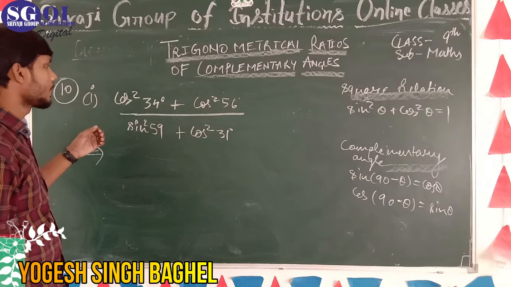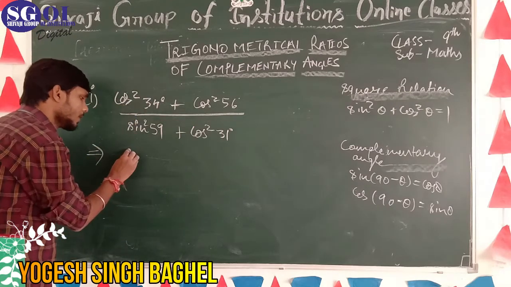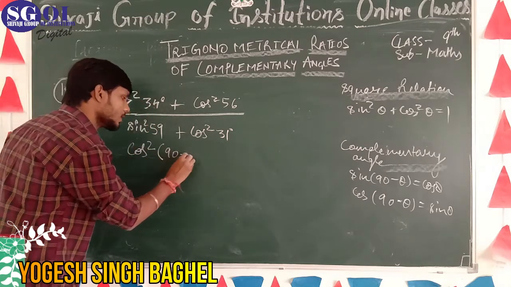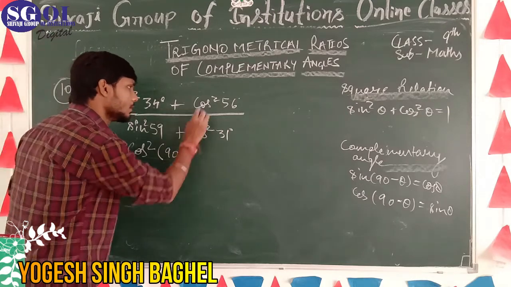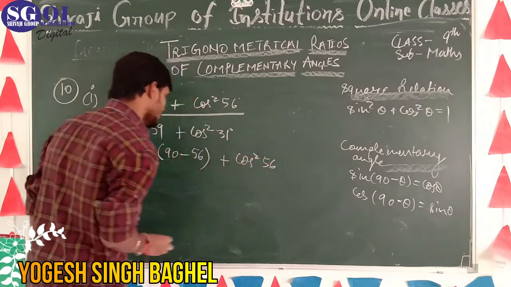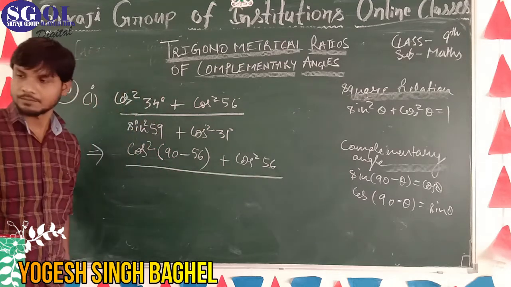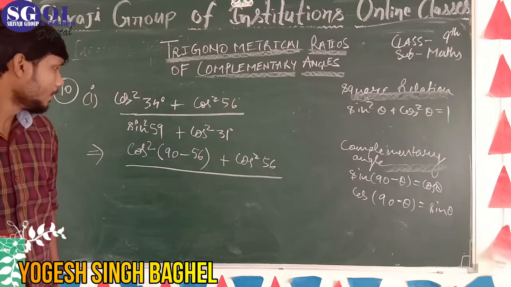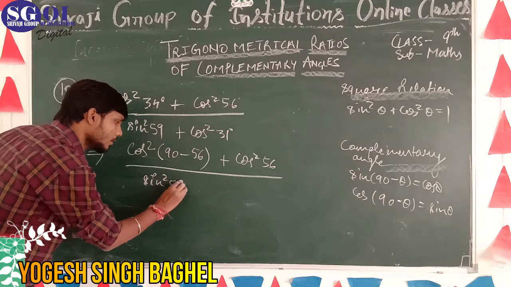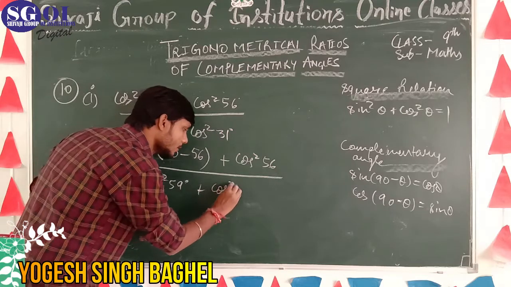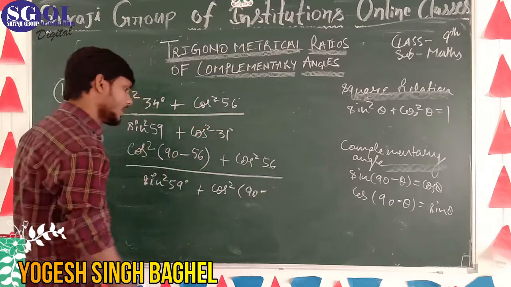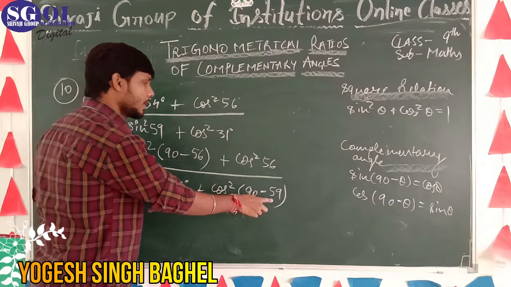Now let's see this question. In cos square 34 degree, in place of 34 degree we can write 90 minus 56, plus cos square 56 upon sin square 59 degree, and in place of cos square 31 we can write 90 minus 59, because 90 minus 59 gives 31.